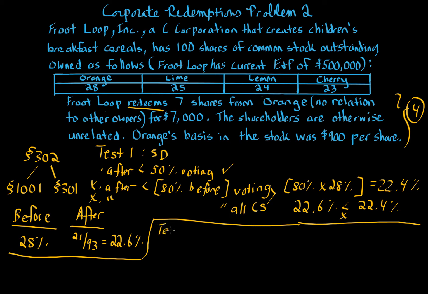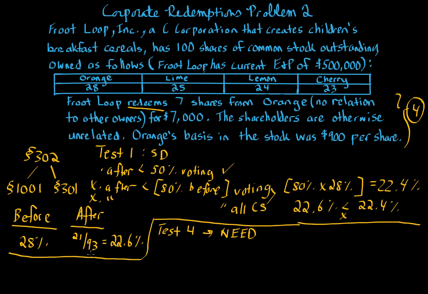Test 4 is the not essentially equivalent to a dividend test. Okay? So under test 4, not essentially equivalent to a dividend, NEED. Remember that the Davis case, the key language is a meaningful reduction of the shareholder's proportionate interest in the corporation, also known as a meaningful reduction in control, where we focus specifically on the shareholder's voting power because that's a super factor, a key factor.